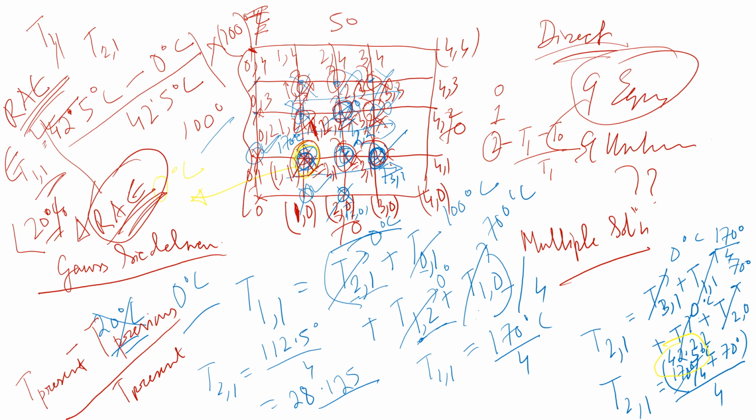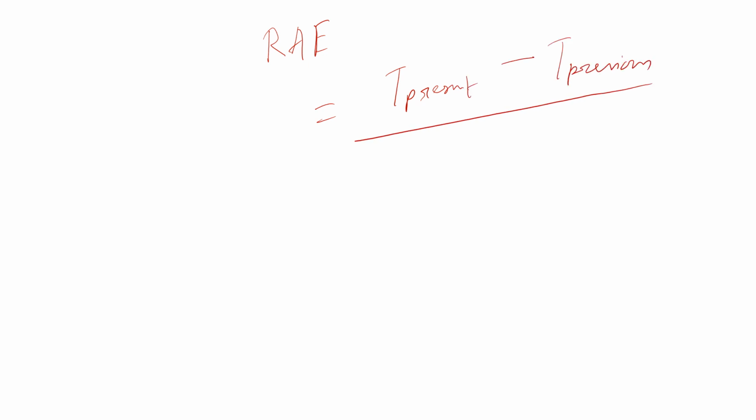So this will be your T2, then T1. Is it correct? No. So the correct form is relative. So the formula of relative absolute error is T present minus T previous, divided by T present.